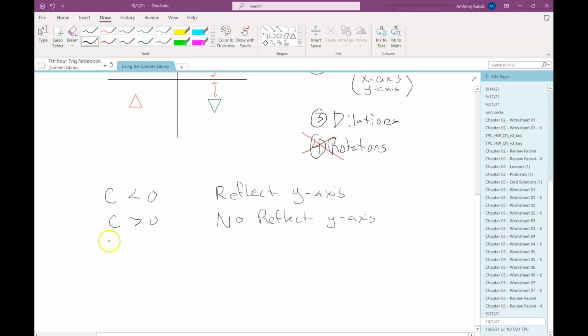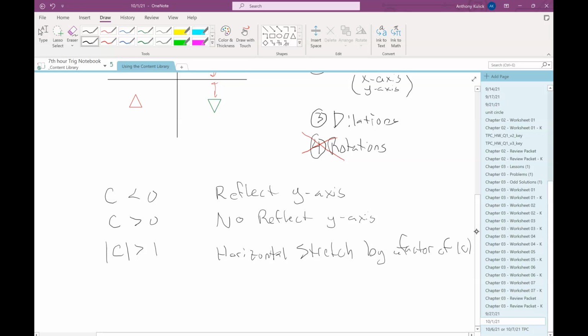The C also controls a dilation. So if the magnitude of C is bigger than 1, we have a horizontal stretch by a factor of C. So horizontal, again, is left and right. Everybody's cool with that?